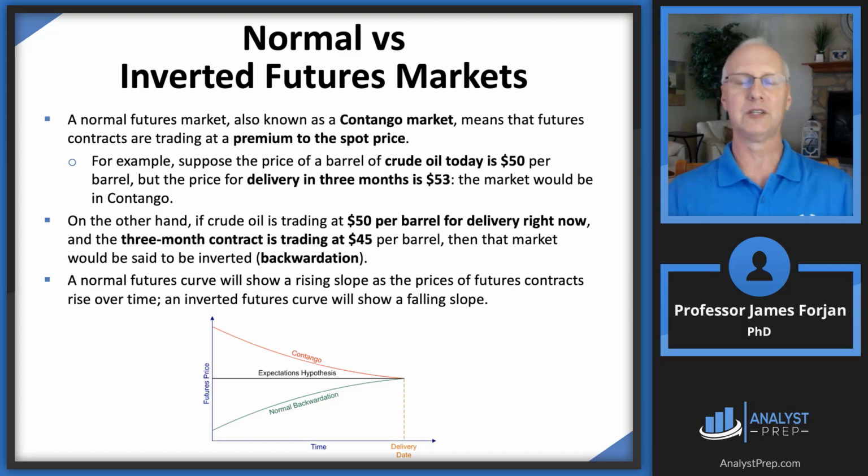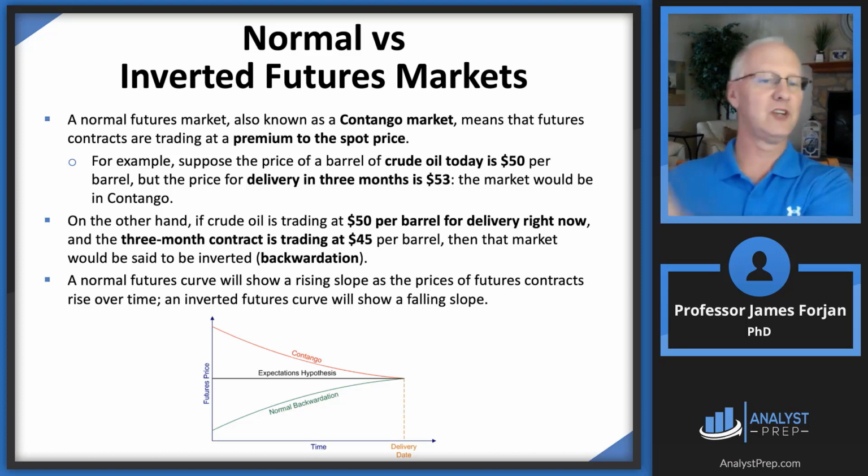And backwardation, especially in the commodities markets, tends to occur very infrequently, but it occurs after periods of demand or supply shocks or expectations of shocks. Let's suppose that today there is a shortage of oil for whatever reason, and so in the spot market, the price is bid up to 50.